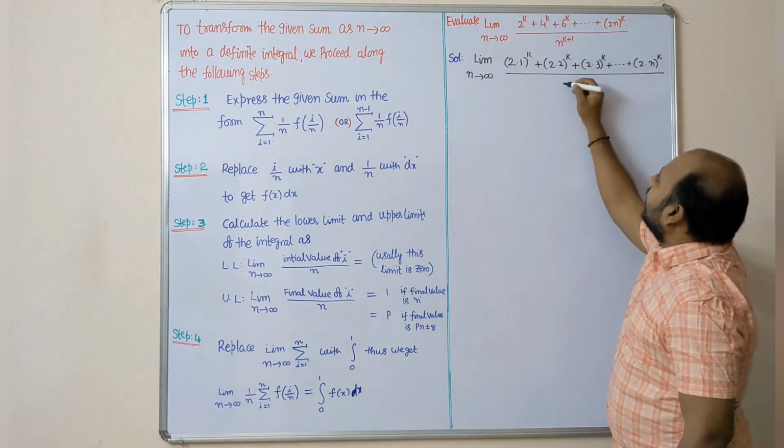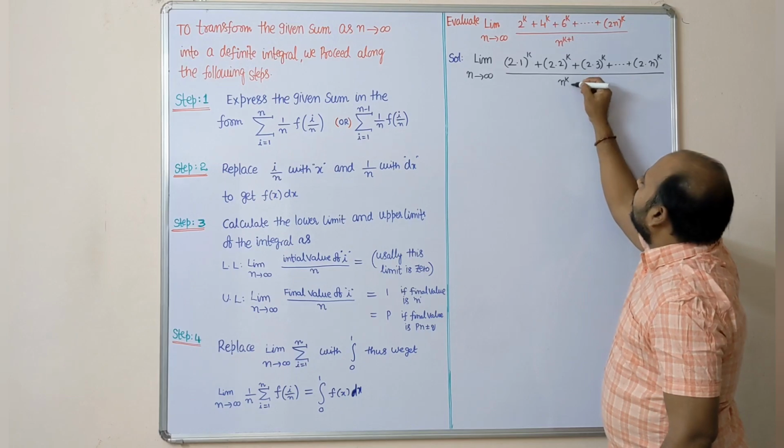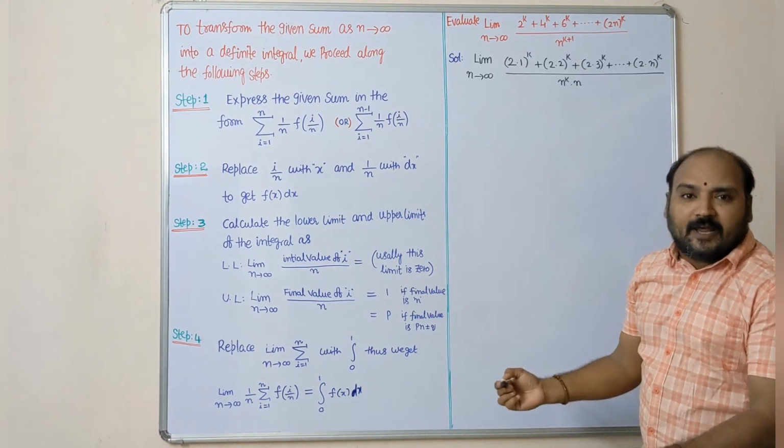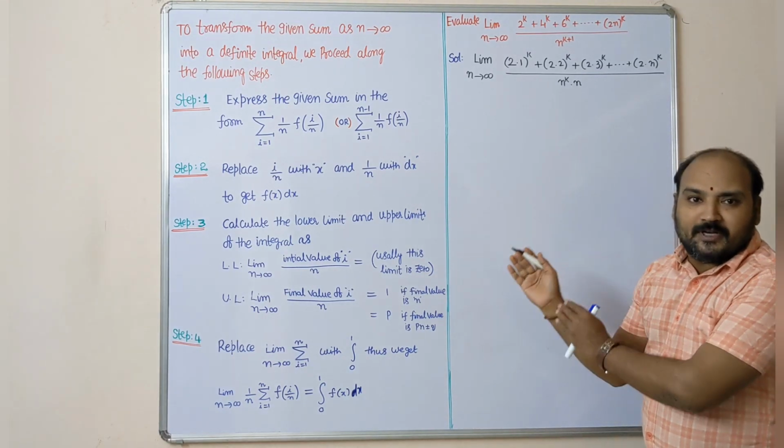We can write it as n power k into n power 1. N power 1 means n. I hope everyone understands.